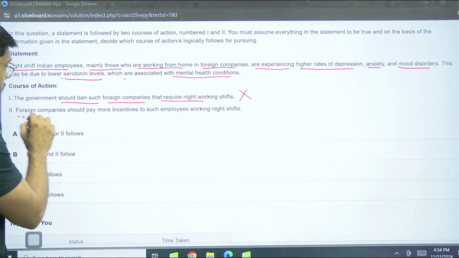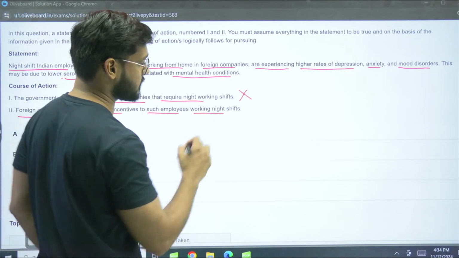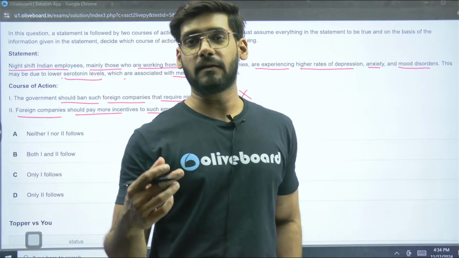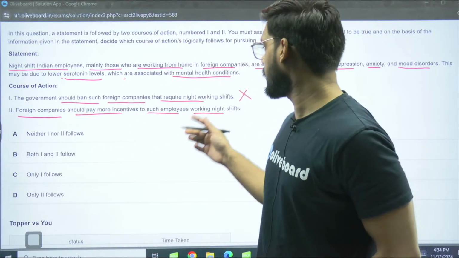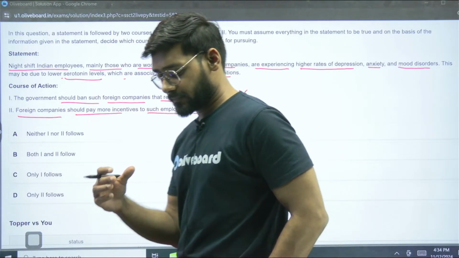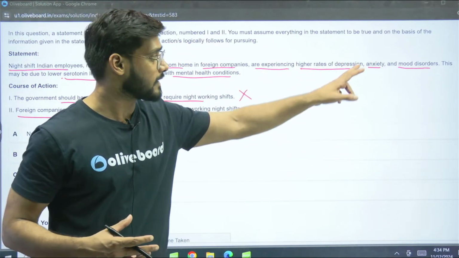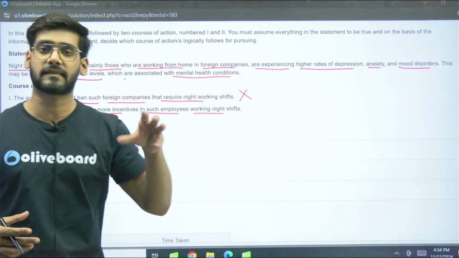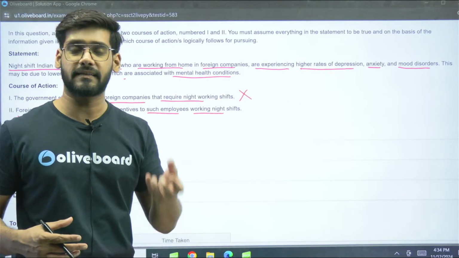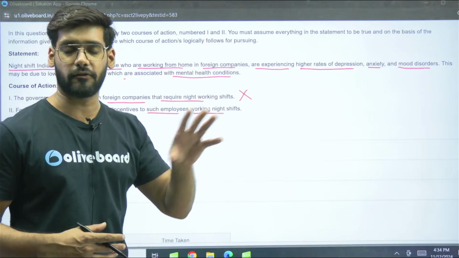Second, foreign companies should pay more incentives to such employees working night shift. If we are paying more incentives to the employees working in the night shift, will it change anything? Will it improve their mood disorders, anxiety, rate of depression? Depression is something else, anxiety is something else. They are facing such problems because they are working the night shift, right?